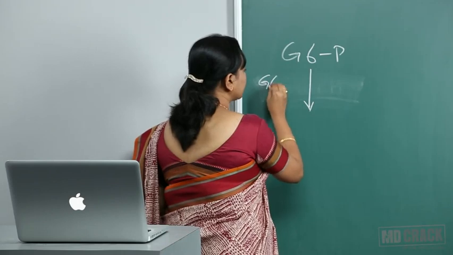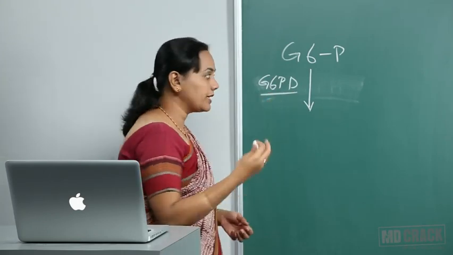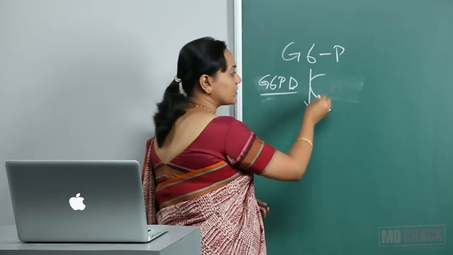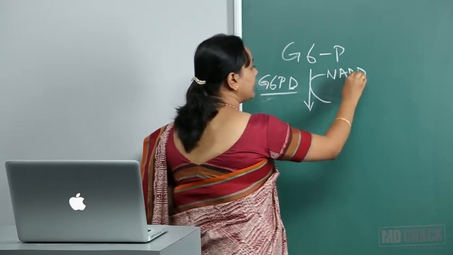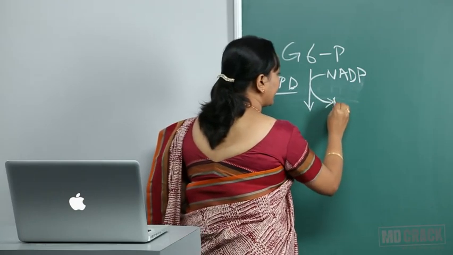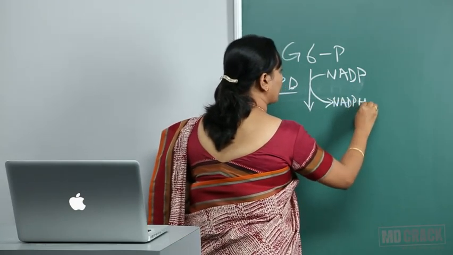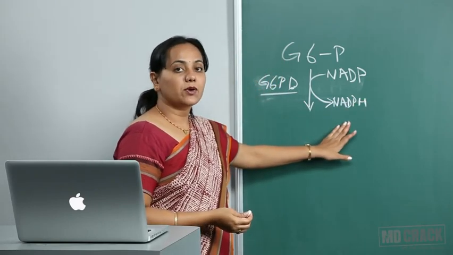This is an important enzyme because its deficiency can lead to many diseases. The coenzyme is NADP, and it is an irreversible reaction. NADP is used and NADPH is produced.